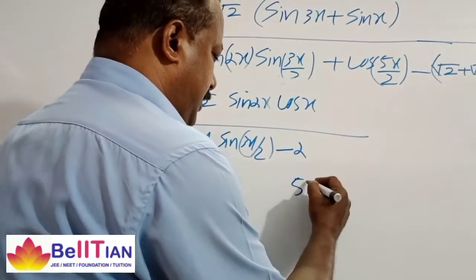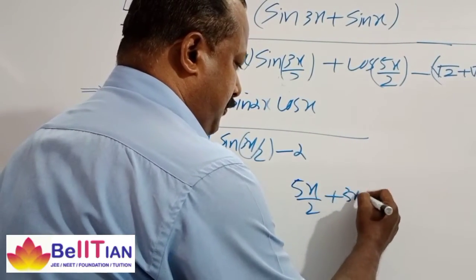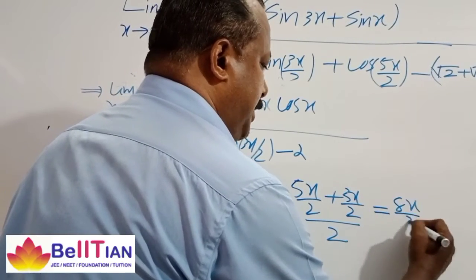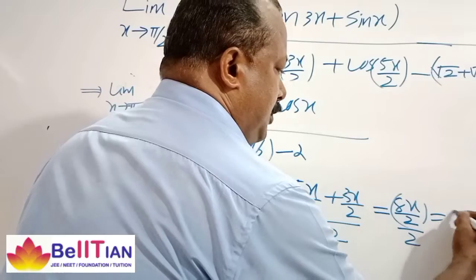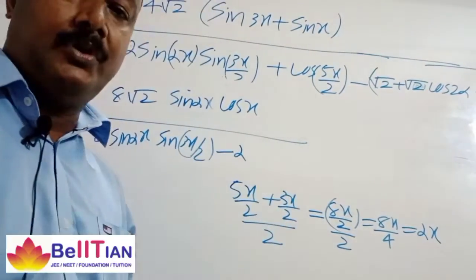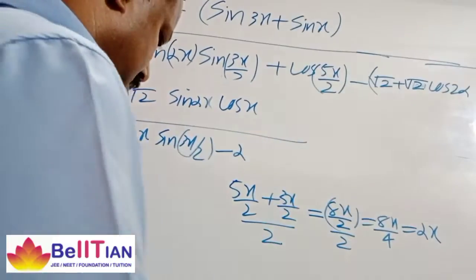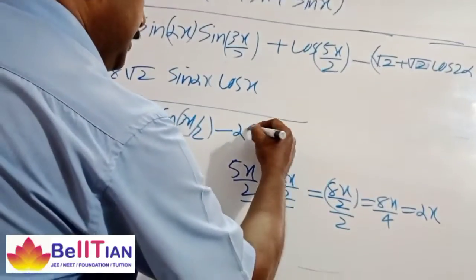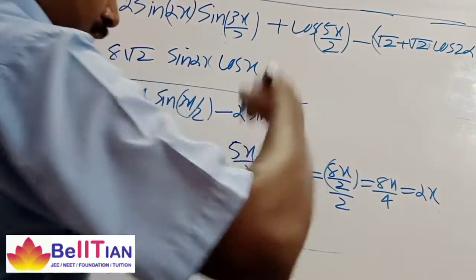That is 5x divided by 2 plus 3x divided by 2, the whole divided by 2. So this is equal to 8x divided by 2, the whole divided by 2, that is 8x divided by 4, that is equal to 2x, isn't it? So this is equal to sine 2x. So now this reduces to sine 2x.